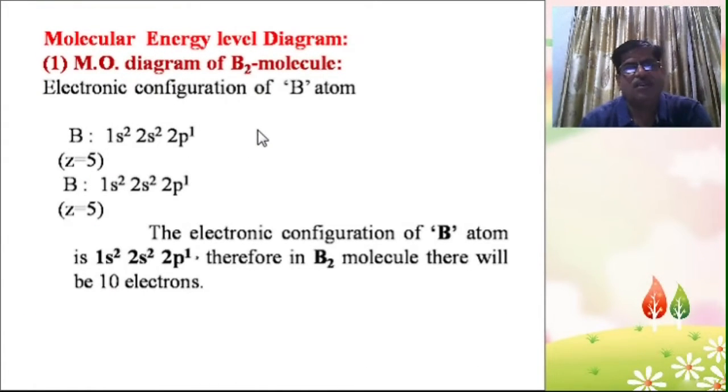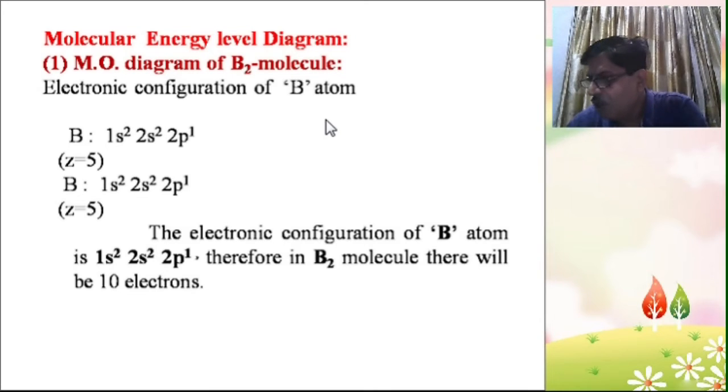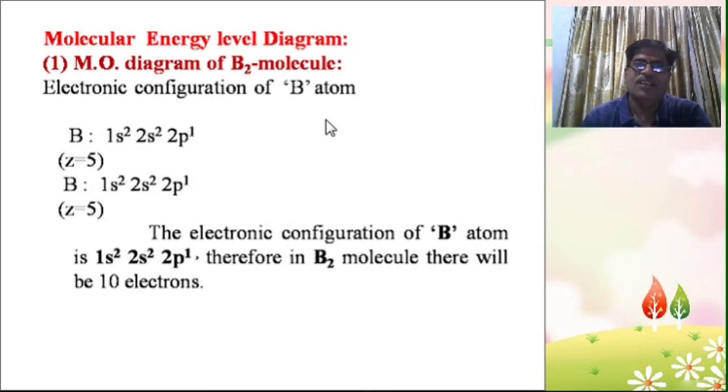Now let's discuss the MO diagram of homonuclear or heteronuclear diatomic molecules, and their bond order, stability, and magnetic properties using the MO energy level diagram.